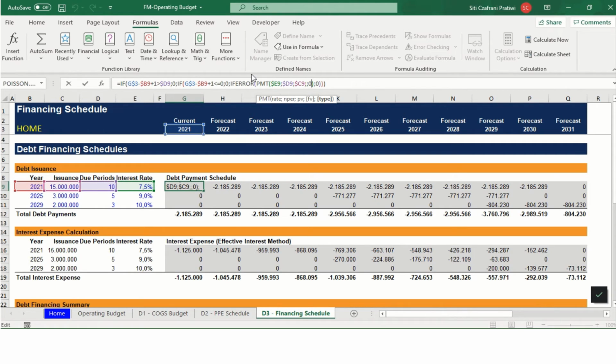And again, we also put IFERROR here in case of error, in order to return the value to 0 if some error exists.